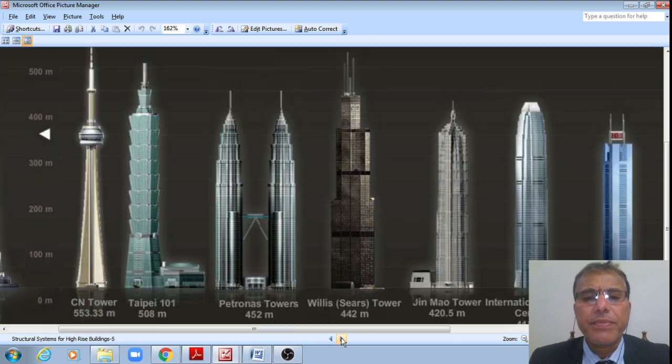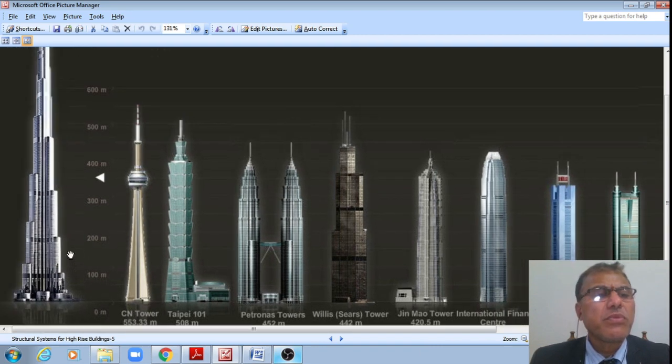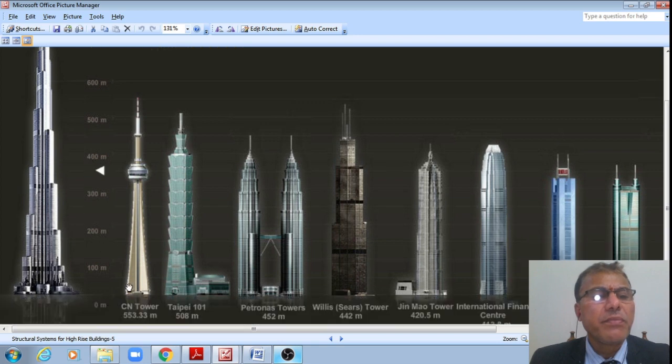Now let us see the same schematics in terms of meters, students. The first one is the Burj Khalifa, world's tallest tower. Its height is almost 838 meters. All these heights are now in terms of meters: 100 meters, 200 meters, and so forth, up to 600 meters.